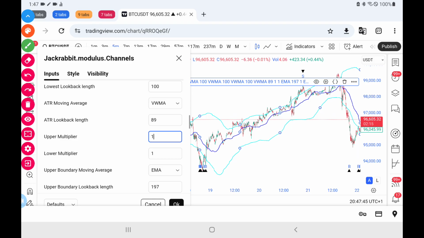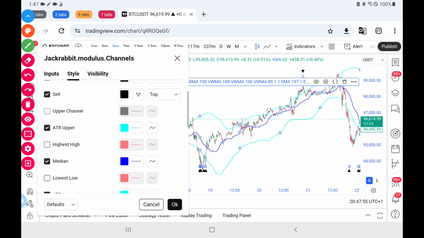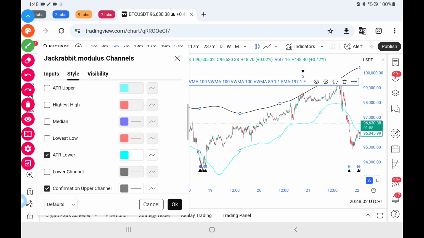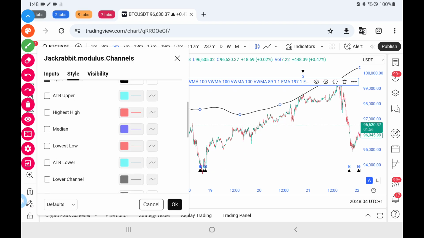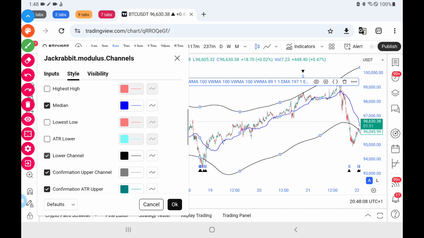Let's move to the part that makes the decisions, where we put everything together into a single, complete trading approach. Hit the right buttons here, and that is the actual channels that make the decisions.